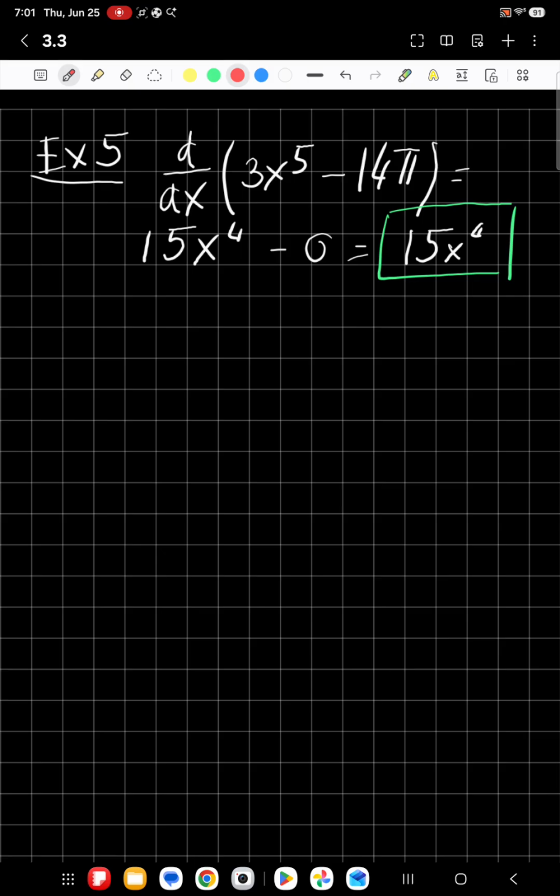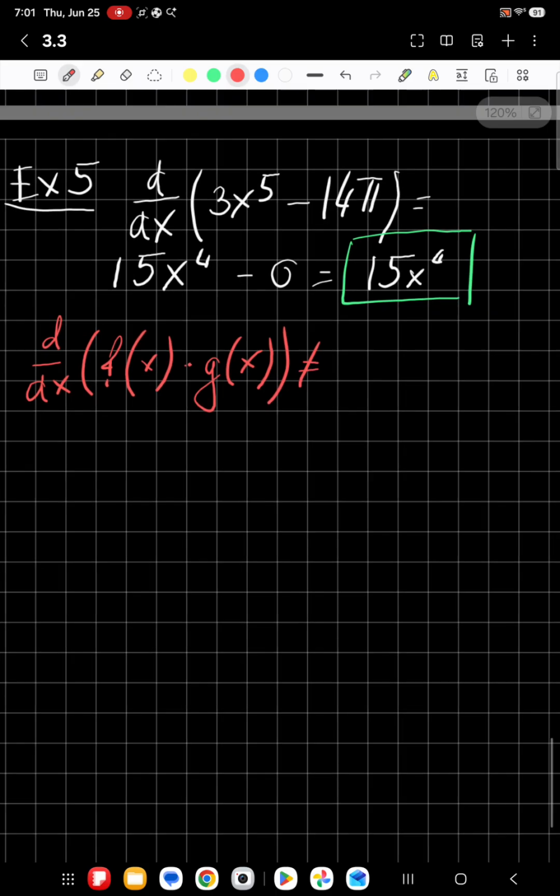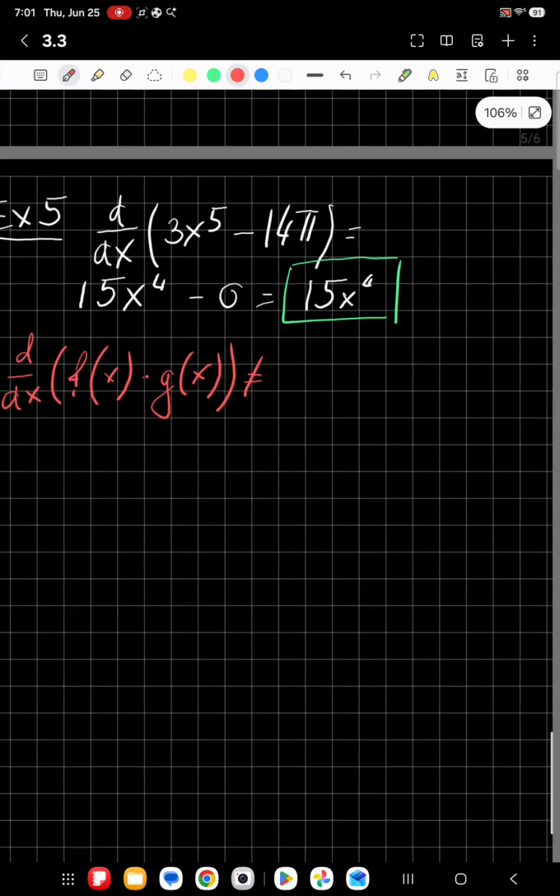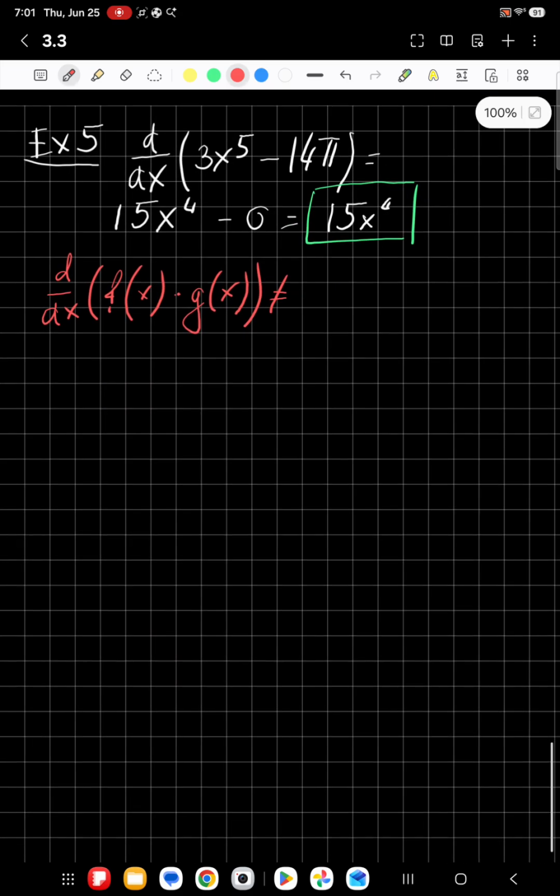So when I'm taking a derivative of two functions that are multiplied, so f of x times g of x, that does not equal the derivative of f of x. So it's not that simple.